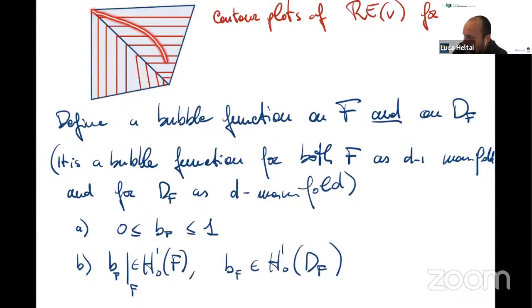And it's a function which is between 0 and 1.